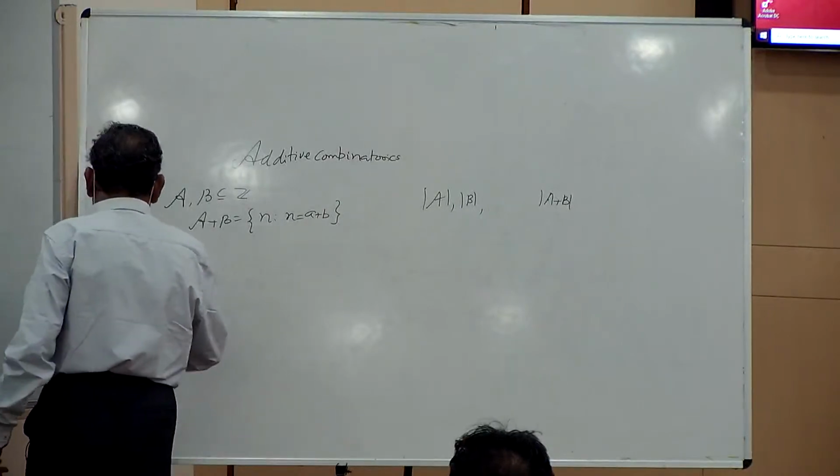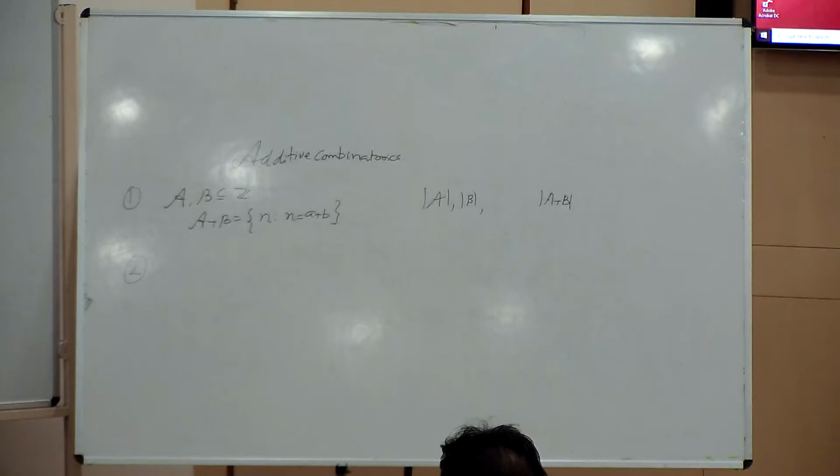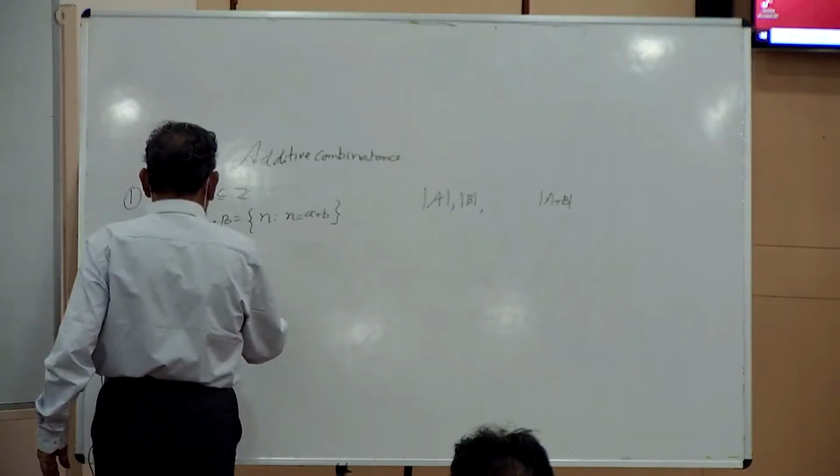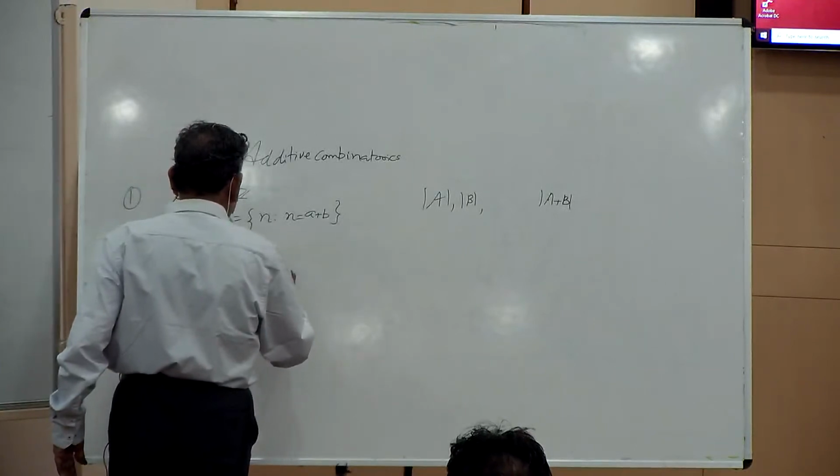The second type of problem is, suppose you take the natural numbers and break them into finitely many classes.